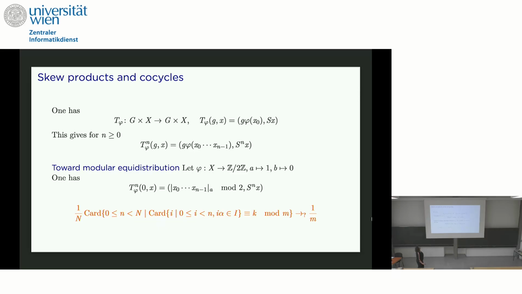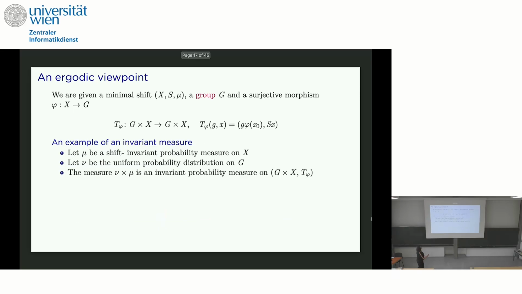Since I mentioned ergodic properties, I need to clarify the probability measure. It's exactly as this morning. A natural way to put a measure is to take a measure coming from your shift on the right, and then to put a counting measure on my finite group on the left. I should have stressed the fact that I work with finite groups.